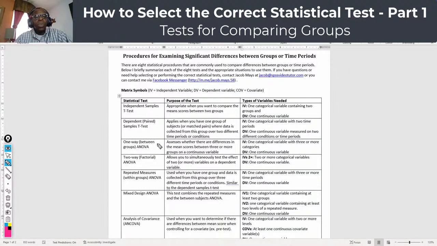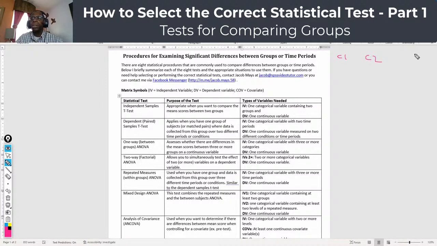Now, here we've got the one-way between groups ANOVA. It assesses whether there are differences in the mean scores between 3 or more groups on a continuous variable. One categorical variable with 3 or more categories, 3 or more groups, and one continuous variable. So here we had 2 groups, class 1 and class 2.